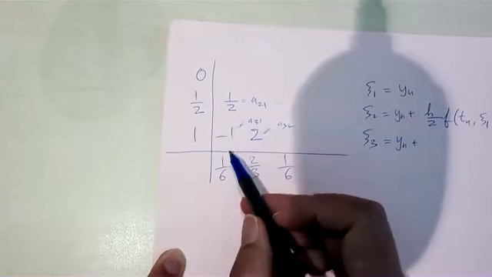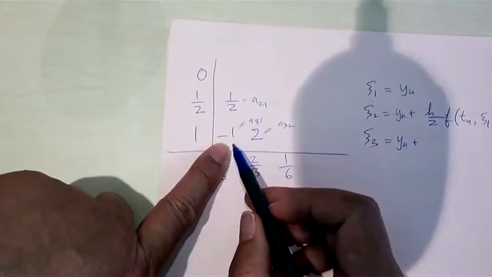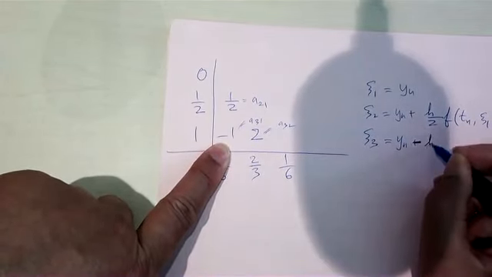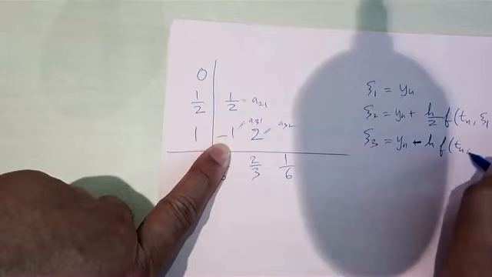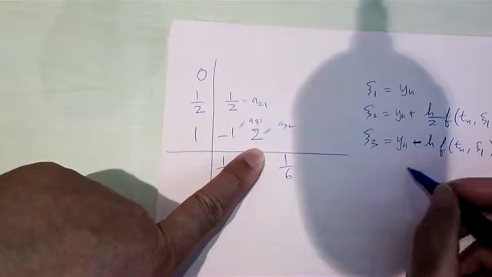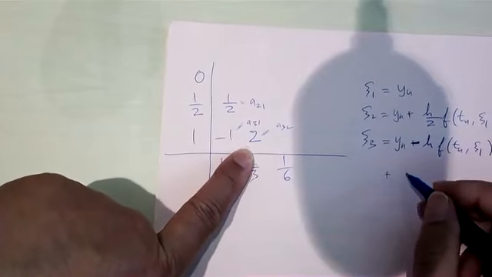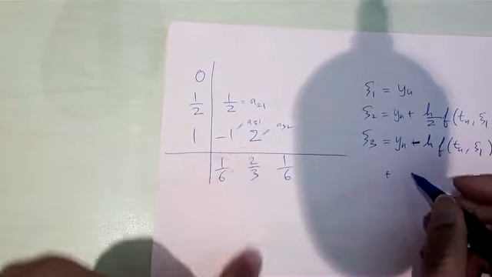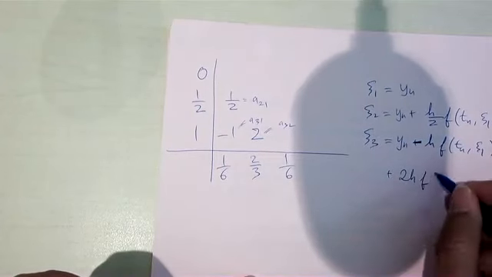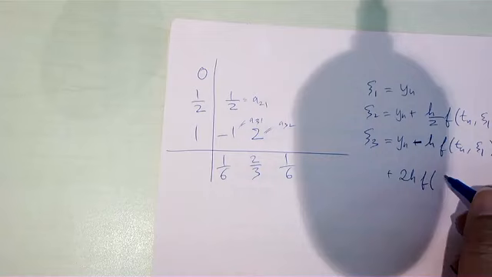And now psi 3 will be Yn plus. So now have to be careful a bit, yeah. So now you have A31, yeah. So you should have minus H F Tn psi 1, okay. And now the second term will be 2H, okay, because you have 2 here, yeah. So you have 2H F of, so here you have Tn plus C2H.